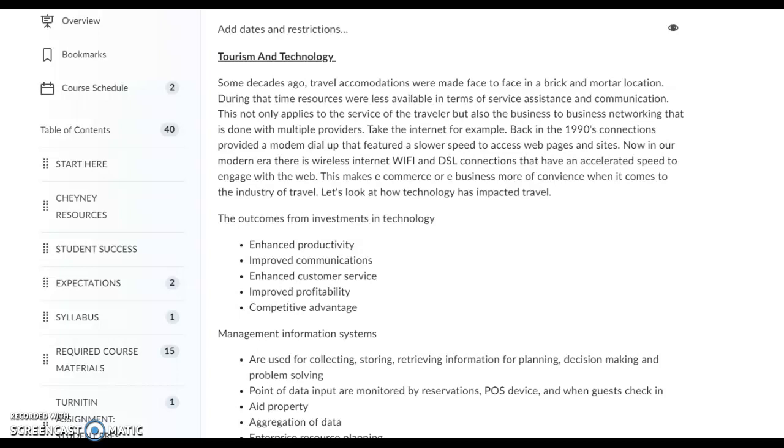Of course, when we think about technology, we think about the internet. That's one of the basic things. We think about even the different apps that could be used to put together travel. Going outside the apps, look at the different websites such as Expedia, Travelocity and Hotels.com.